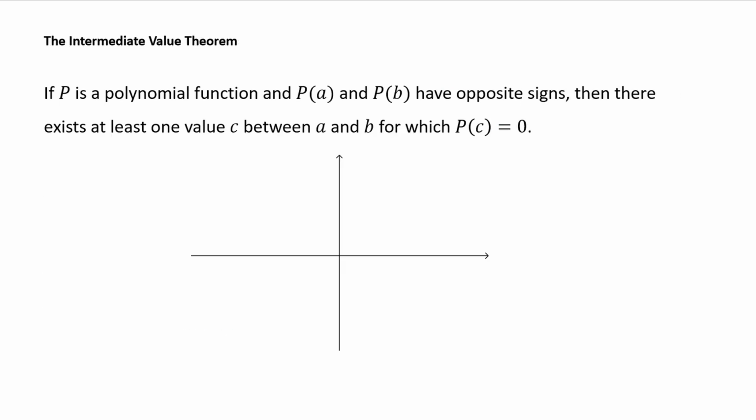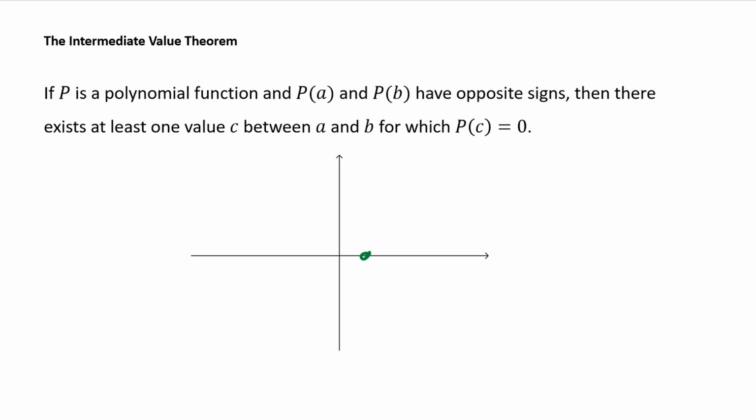The intermediate value theorem. If P is a polynomial function and P of A and P of B have opposite signs, then there exists at least one value C between A and B for which P evaluated at C equals 0. Let's illustrate.